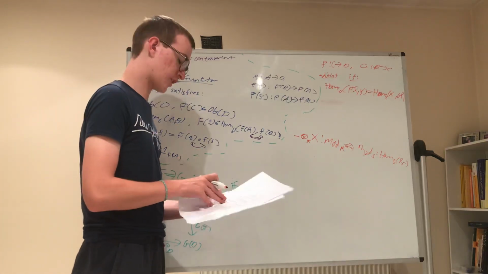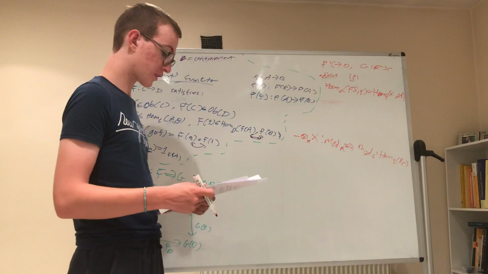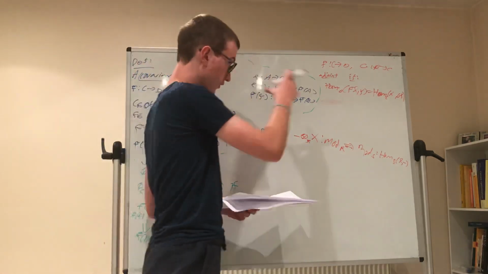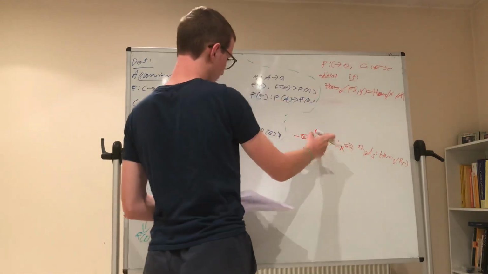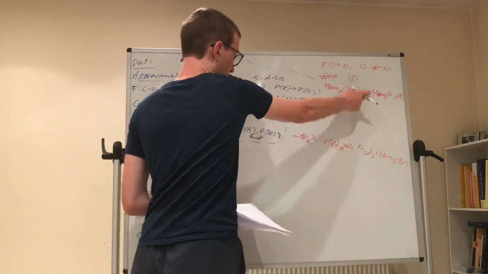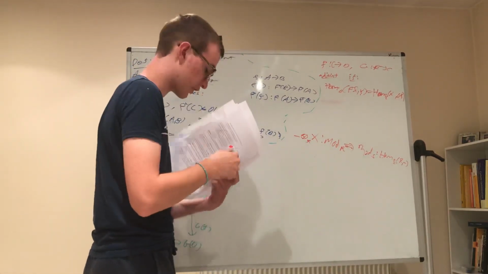Let's take a look at what this actually means. Here we have f of x. Now obviously we've used x as a variable already, so we'll just say y here and we'll put z here.